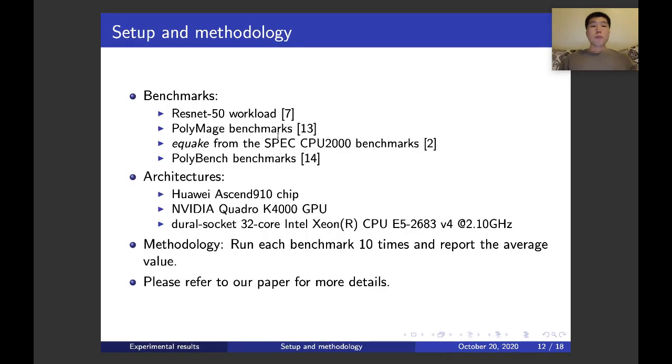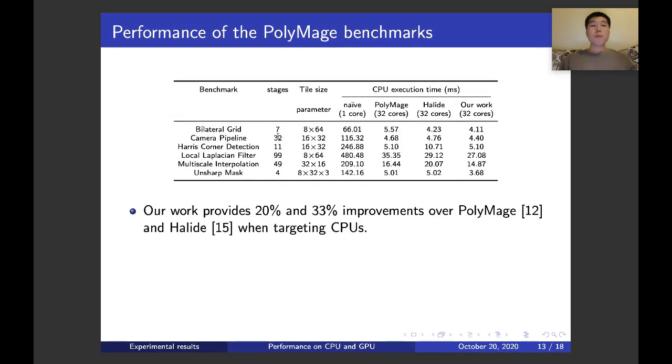Finally, we present the results of our approach. This is the setup and the methodology of the experiment. Please refer to our paper for more details. We first present the performance of the PolyMage benchmarks.